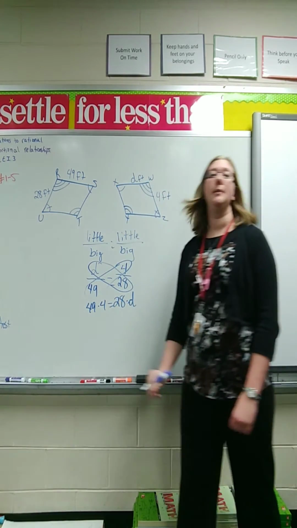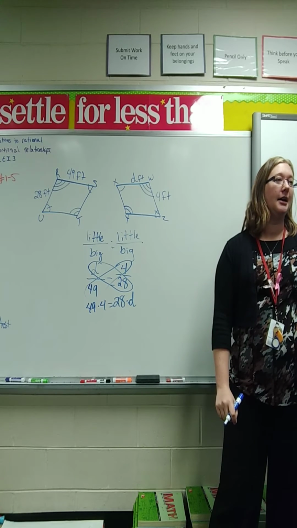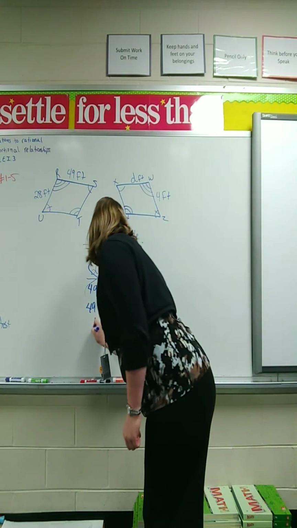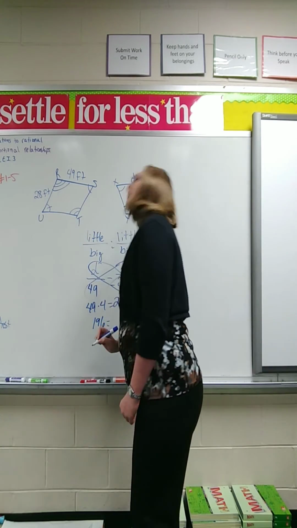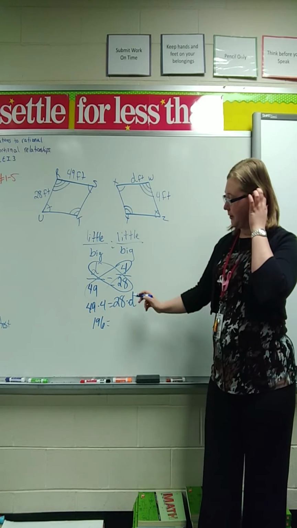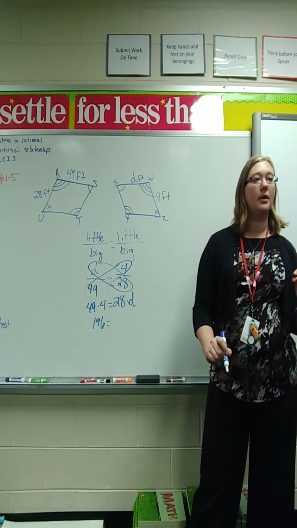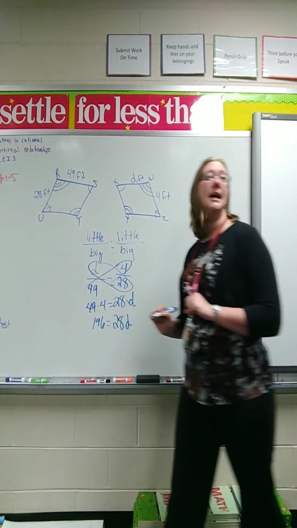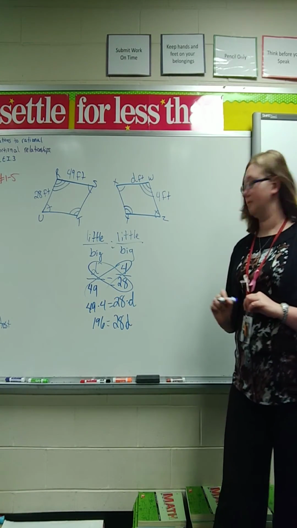Alright, 49 times 4 is? It's a number, and that number is 196. What is 28 times D? 28D. What comes next? Divide by 28.